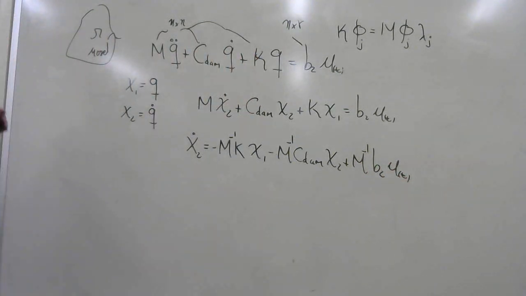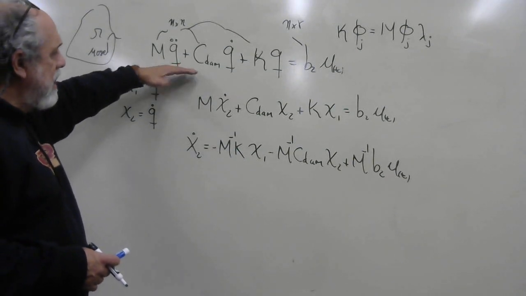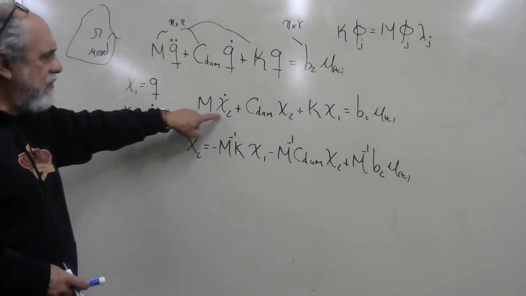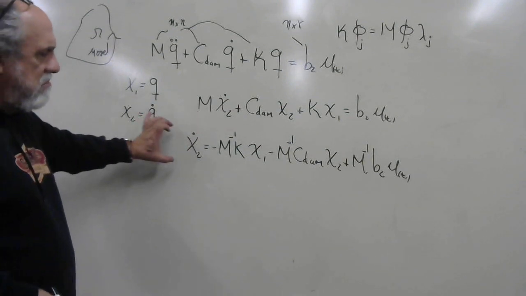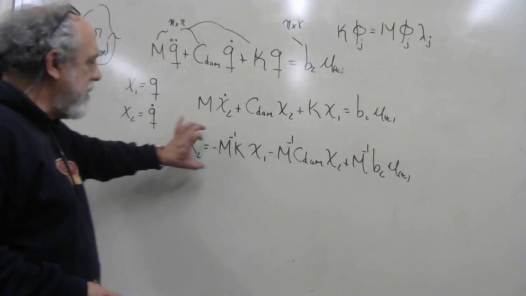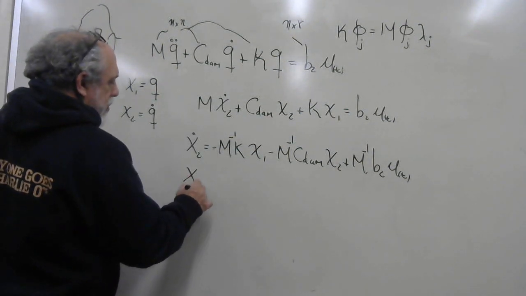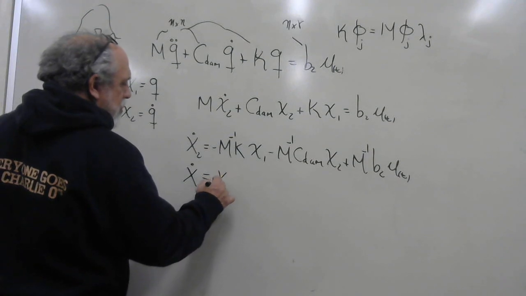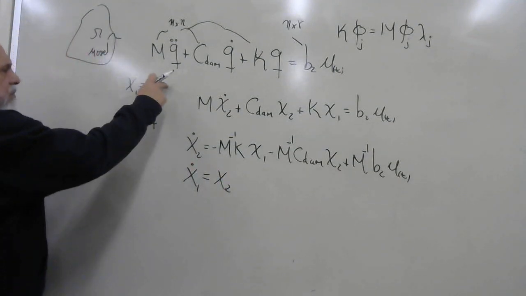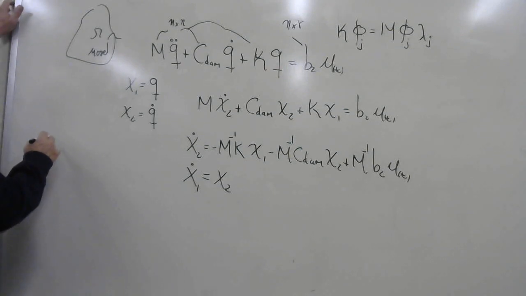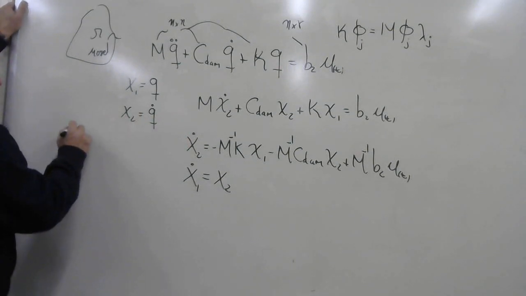All I've done there is elementary algebra: I take this equation, make this substitution, and solve for x2 dot. You also recognize that x1 dot is x2, because if I take one derivative, I just get this, right? Therefore, you can write these two equations together like this.